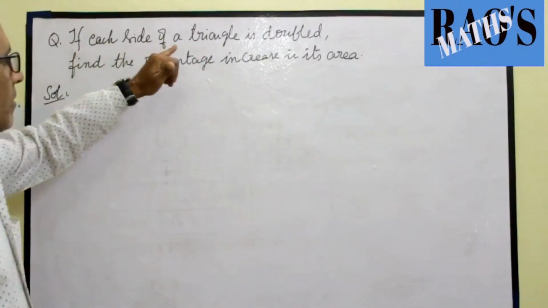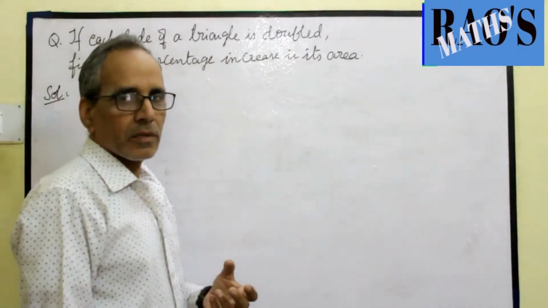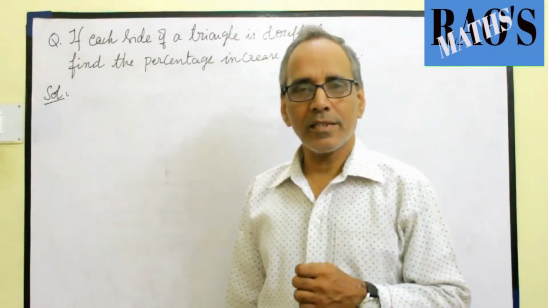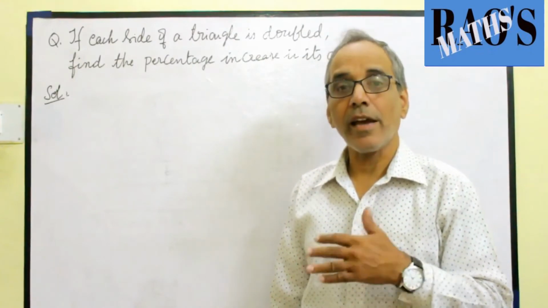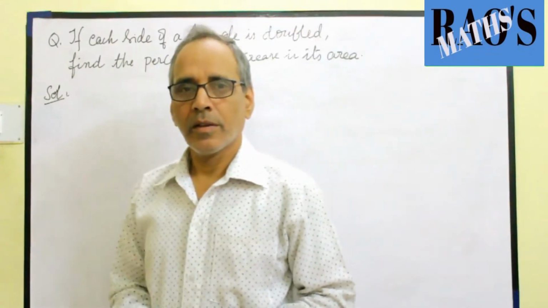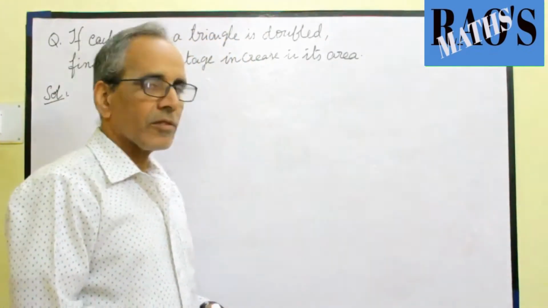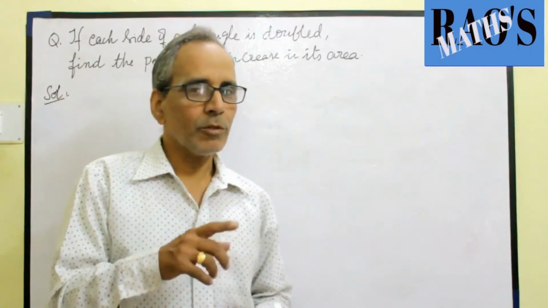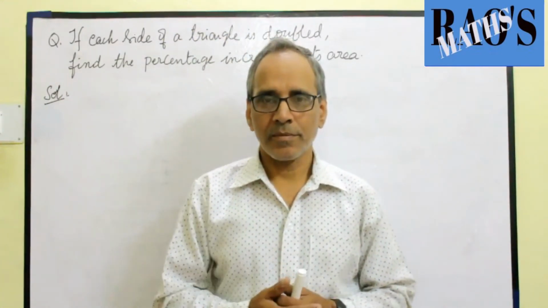In this question, the sides of the triangle are doubled. Suppose in a triangle, each side is doubled, find the percentage increase in its area. In general, we take the sides of the triangle as A, B, C. If the sides are doubled, they become 2A, 2B, 2C.